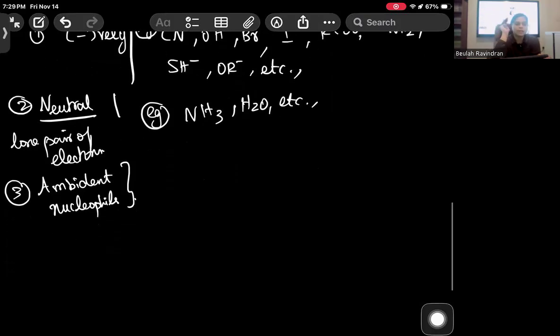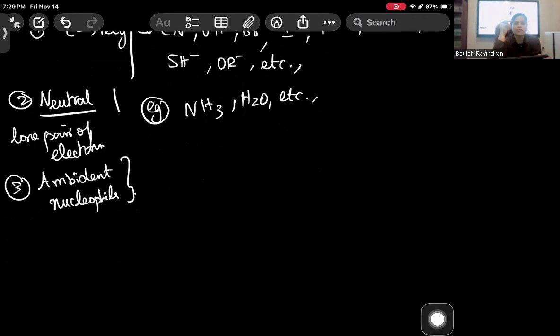Canonical forms can be drawn in which two or more atoms bear an unshared pair of electrons. This is a very important point.